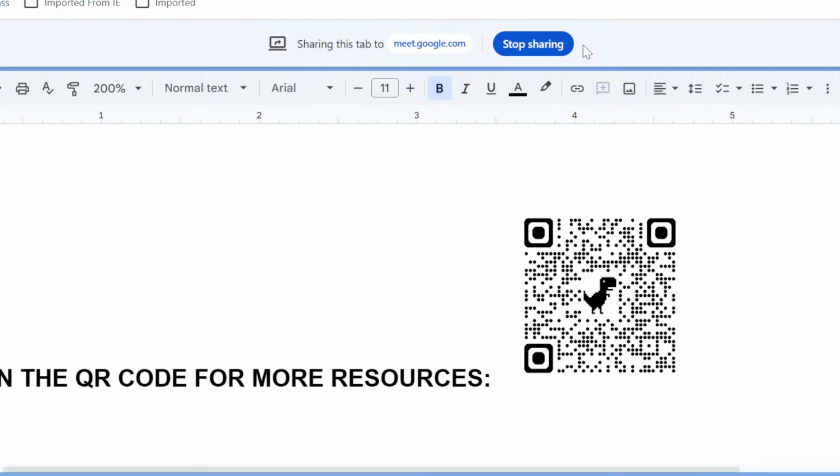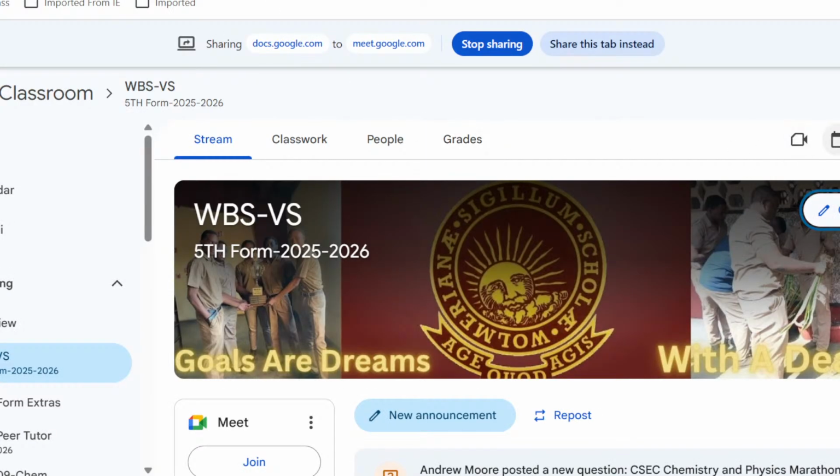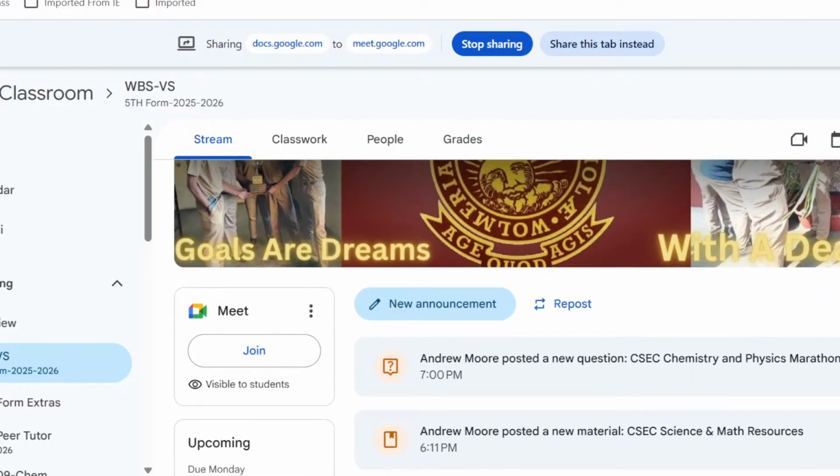So does the QR code work? Does it work? Yeah? No? Or nobody tried? Alright. So I'm going to try it, sir. You're going to try. Alright, but does anybody in the room actually see something about physics and chemistry resources? Yes, sir. I see. Okay.